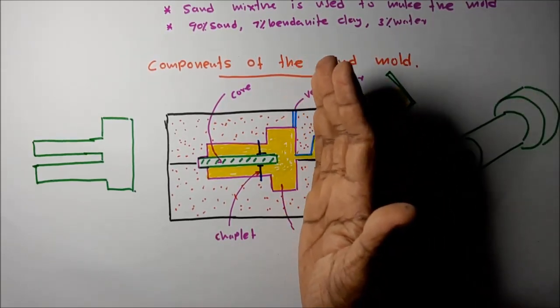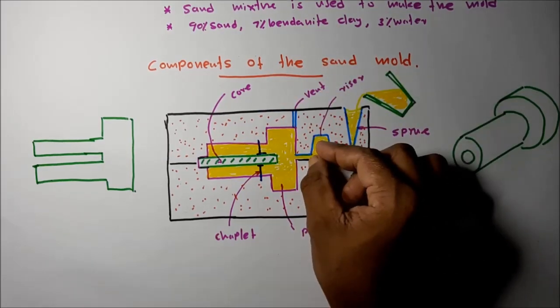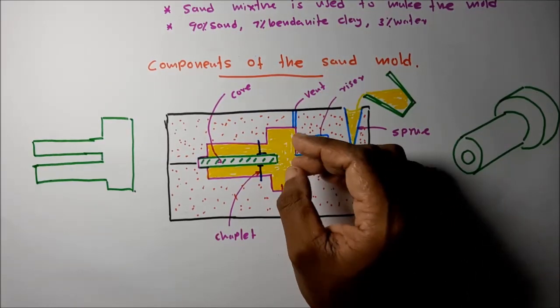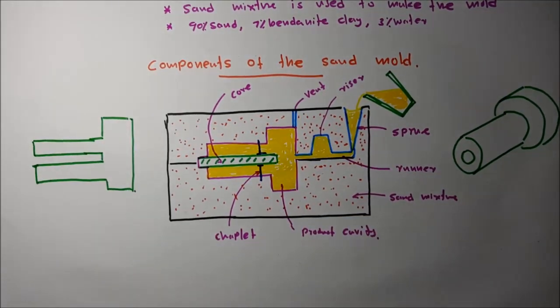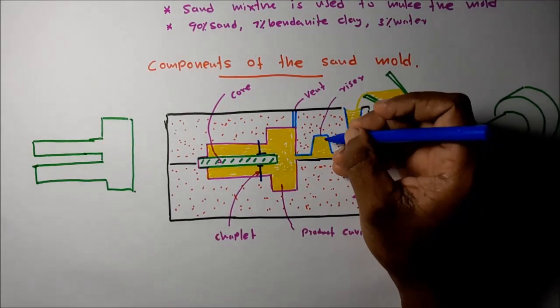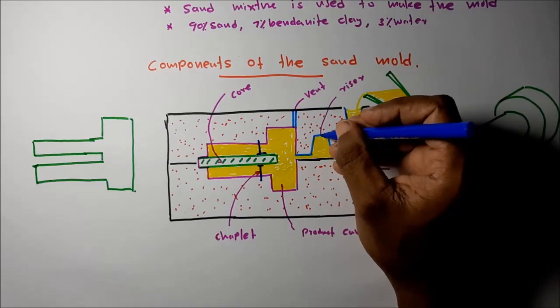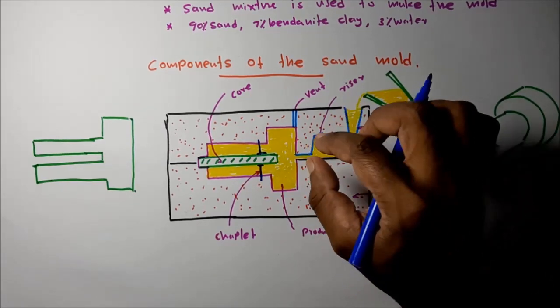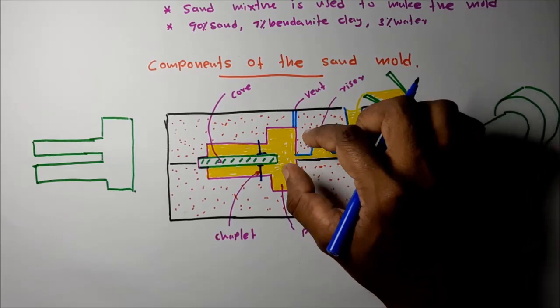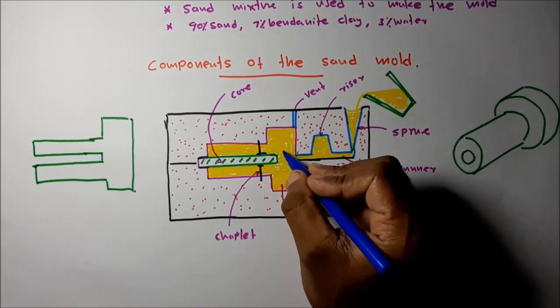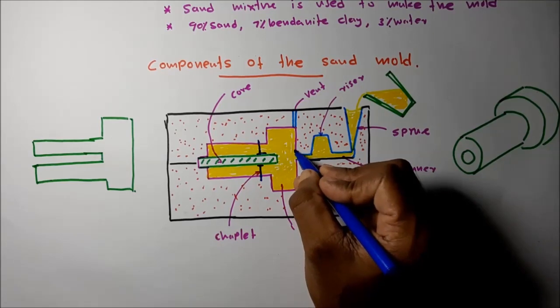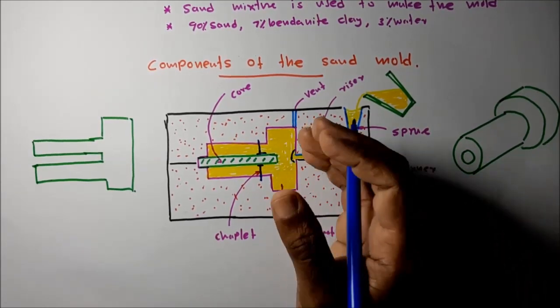Then it feeds molten metal to compensate for the lack of volume due to the shrinkage of the part. So this riser design is very important in this metal casting operation. The riser should be able to keep molten metal until the part completely solidifies, because of the lack of volume due to shrinkage.